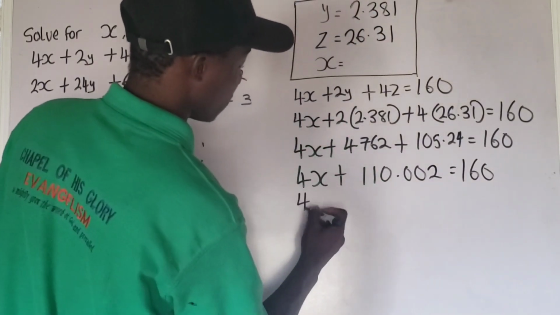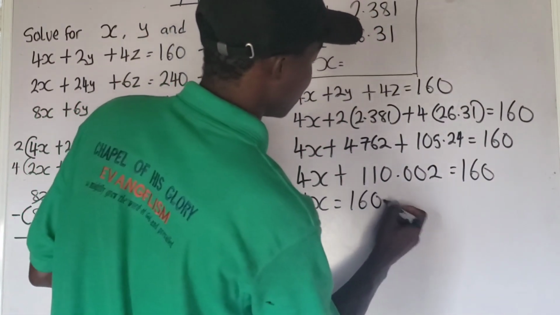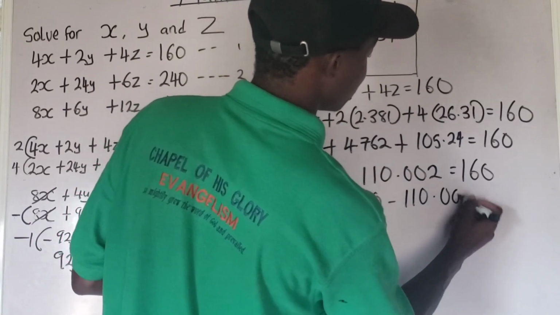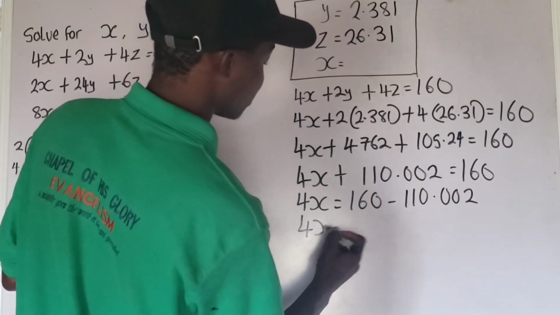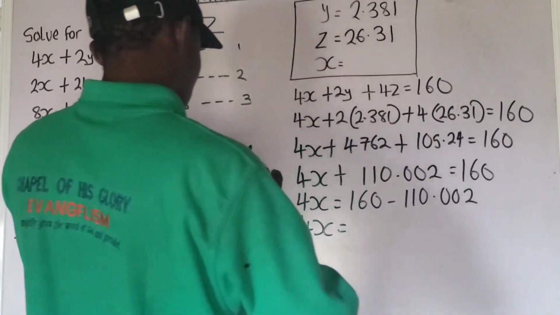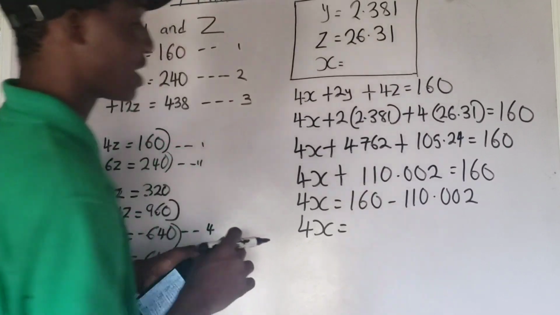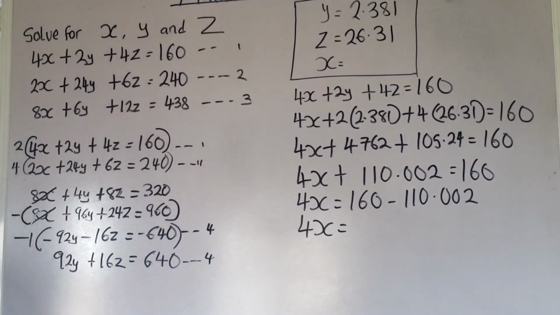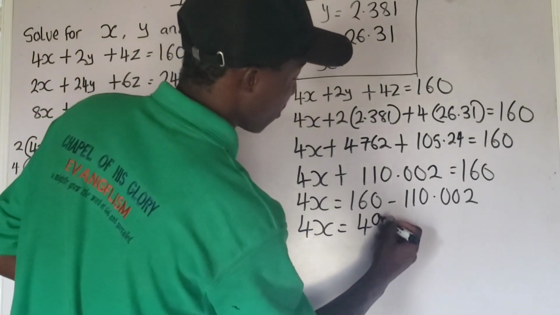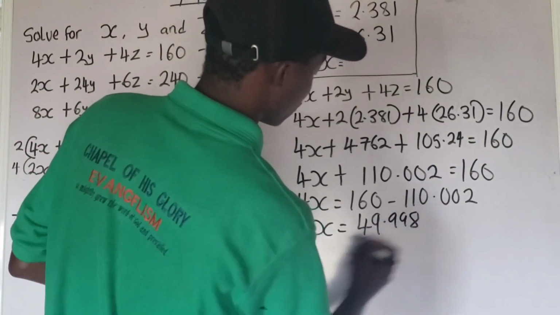Now, 4x will be equal to 160 minus 110.002. That will give us 49.998. Do you understand?